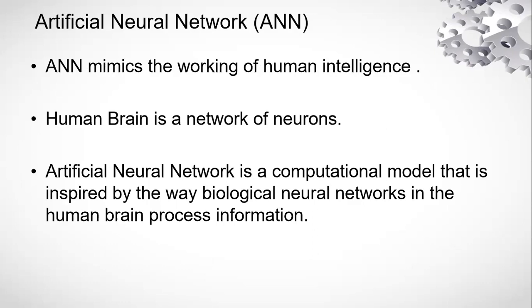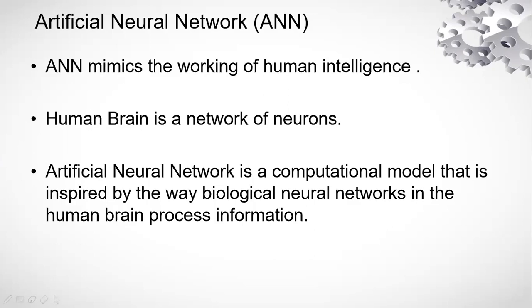It is going to mimic human intelligence. There are so many technologies which mimic human intelligence, but from which process is it being inspired? Naturally, the human brain is considered to be the intelligent part of the human being. So this neural network is inspired by the human brain.